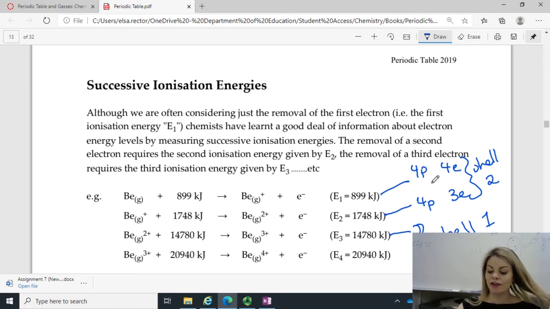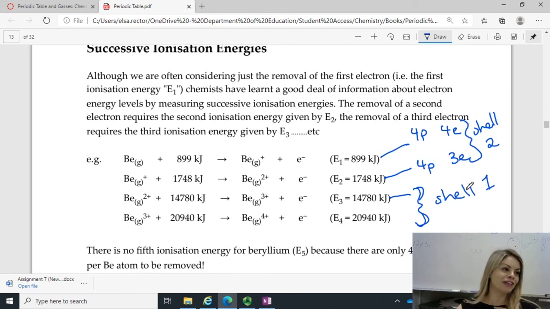Why is there no 5th ionization energy for beryllium? Beryllium only has 4 electrons. You said that that's the energy when you take one off and then you take the next one off. If you were taking 2 off at the same time, you'd have to add those energies together.